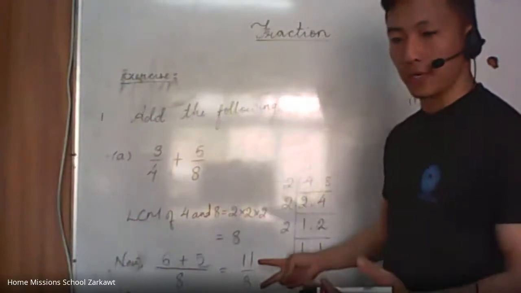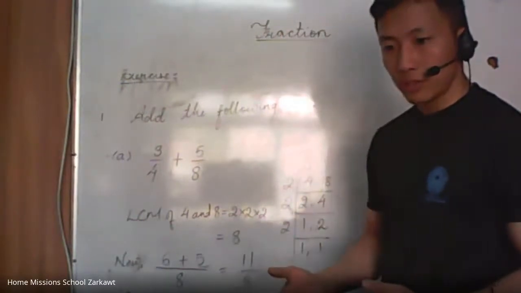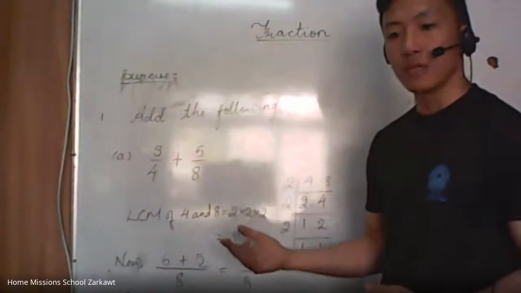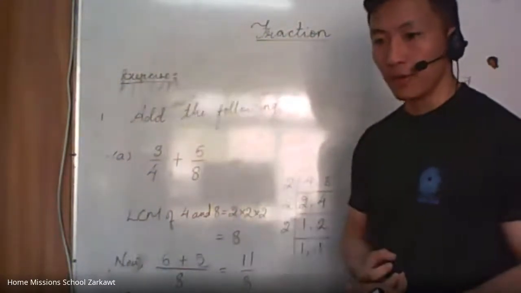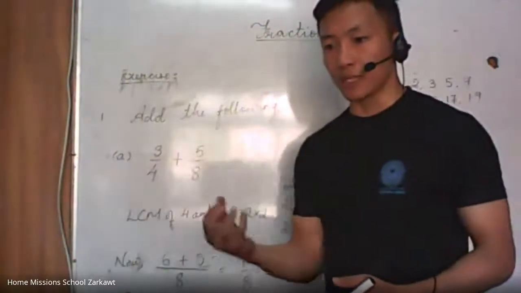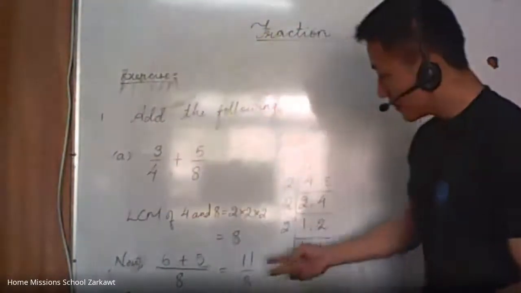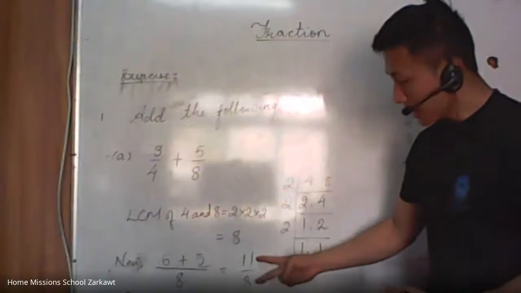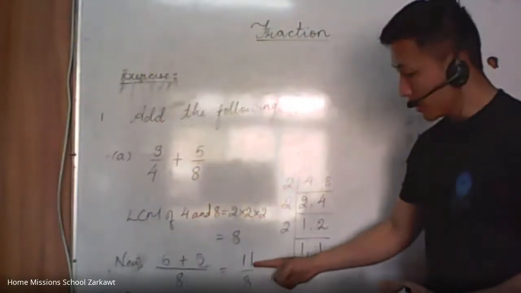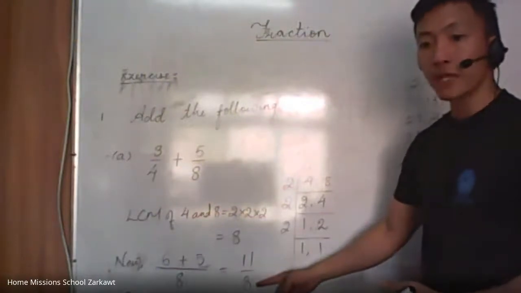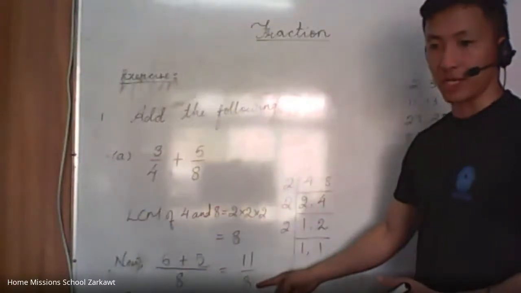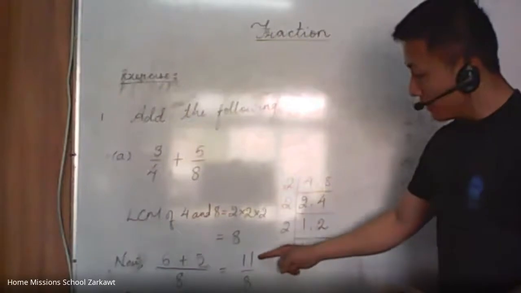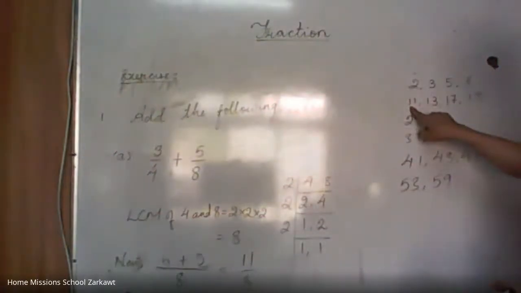The question may ask to reduce to the lowest term. We check whether the answer has a common factor. 11 is a prime number, isn't it?